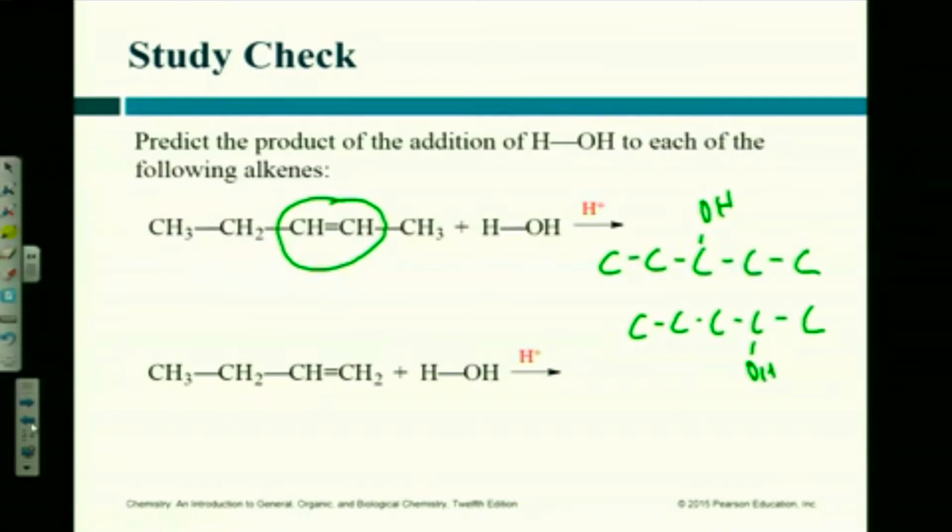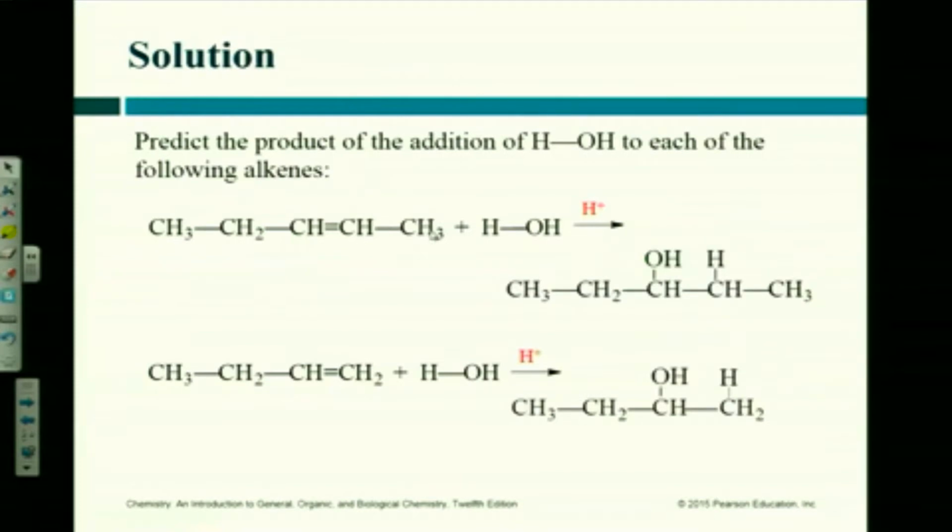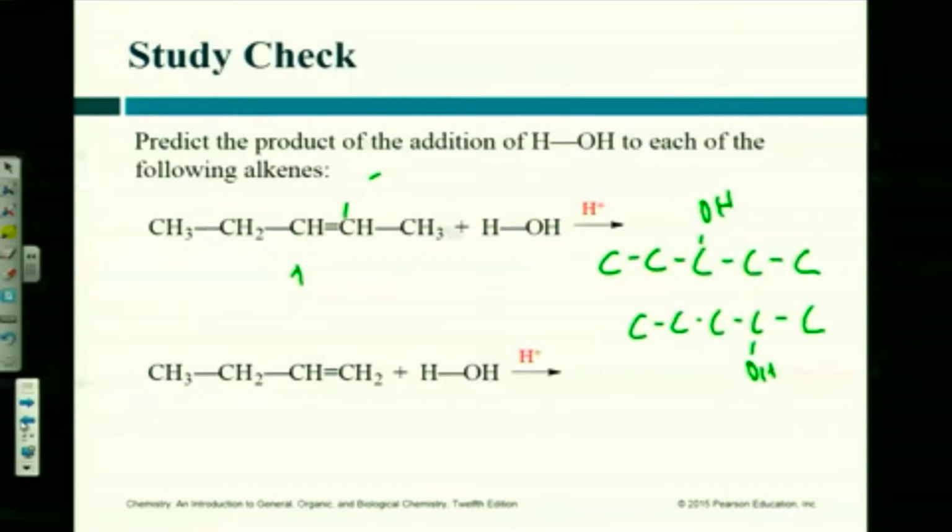No, the OH goes on the other, right? If I'm going to put an H here, then the OH comes here, right? Versus if I want to put OH here, then this one gets an H, and the double bond goes away, right?